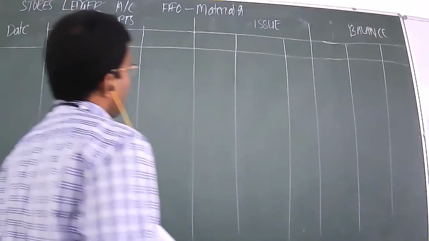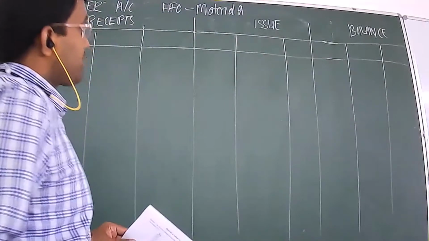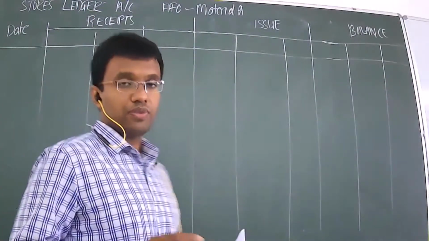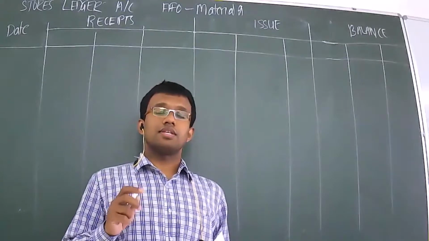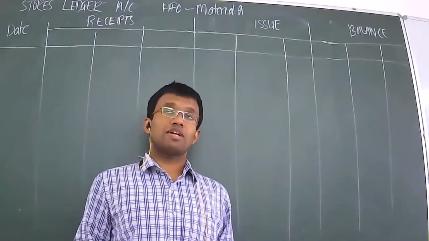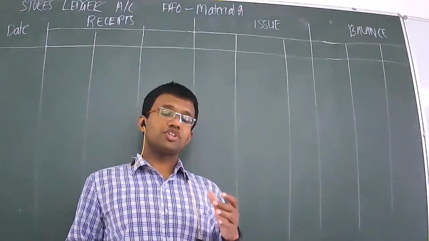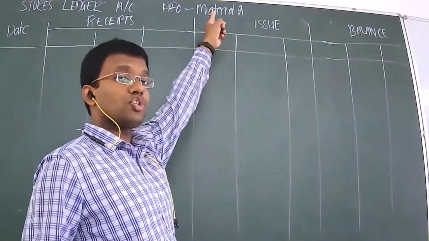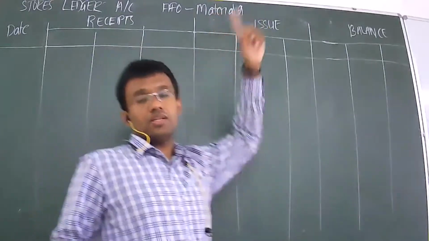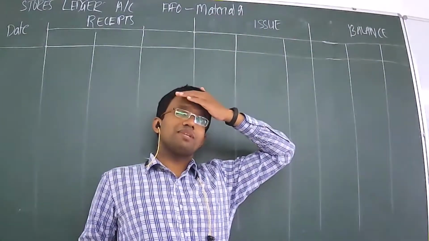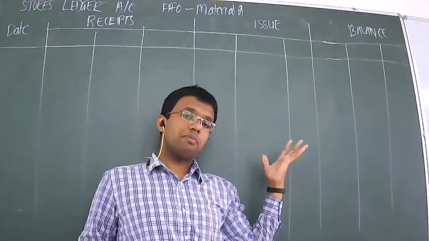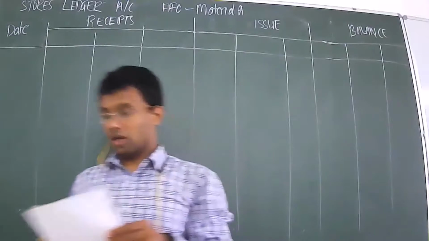Now, another important aspect that you have to remember is for whatever material that the business is using as a part of its manufacturing process, the store ledger account gets prepared individually. So for example, this is the store ledger account for material A. Likewise, for every material, you will be preparing a similar ledger account.